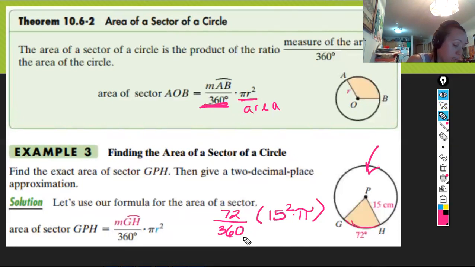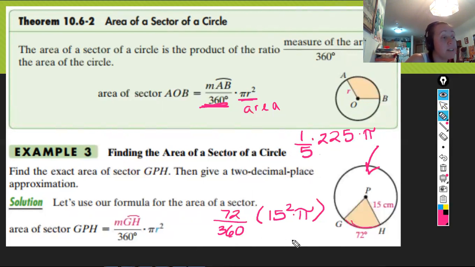72 over 360 gives me a fraction of 1/5. 15 squared is 225. And I bet you that 225 divides by 5 real evenly. Remember, multiplying by 1/5 is the same as dividing by 5.